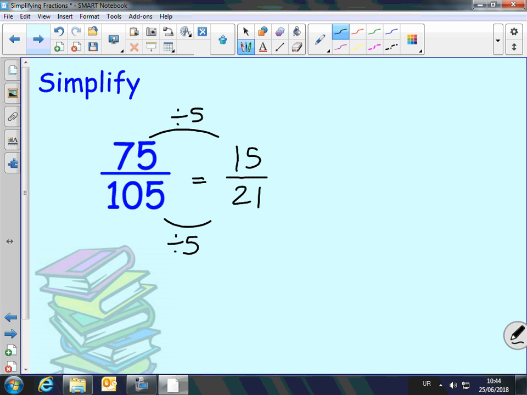But hopefully you'll recognise 15 and 21 from both being in the 3 times table, which means we can divide both numbers by 3. 15 divided by 3 is 5, over 21 divided by 3 is 7. We can't simplify it any further, so 75 over 105 is equal to 5/7.